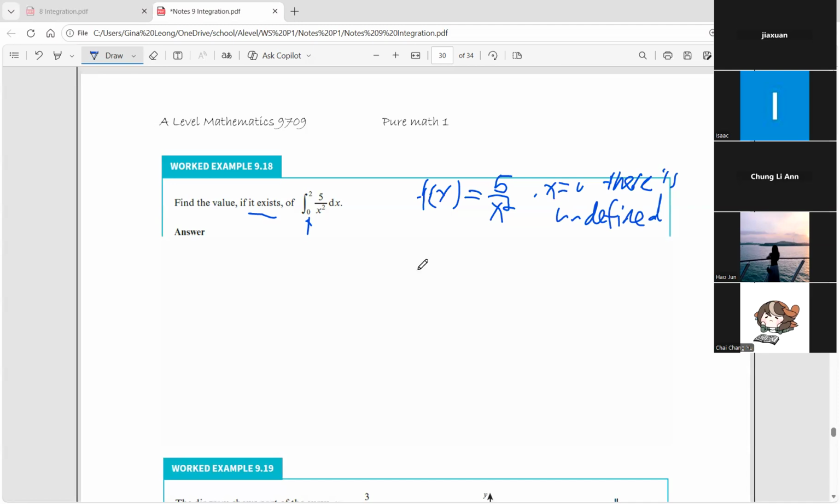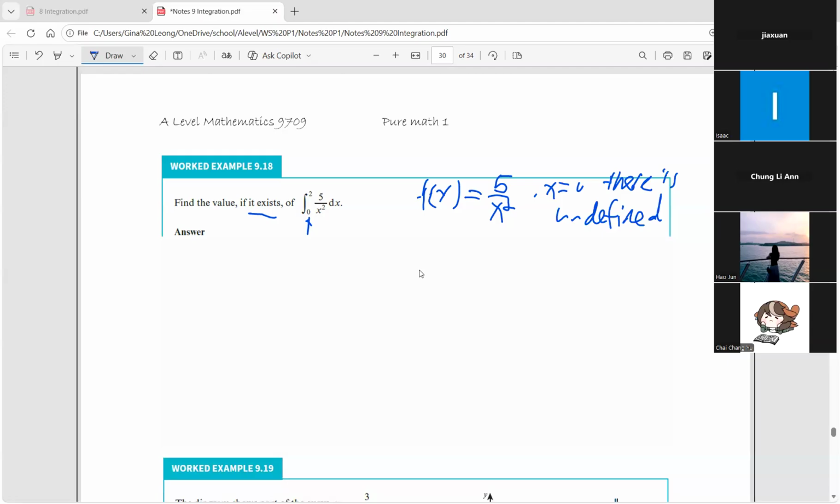Sometimes they use the words not exist or no value, or on the calculator we call it Math error. It's the same case. But he asked you to find the value if it exists, so we need to check whether there is a value or not.